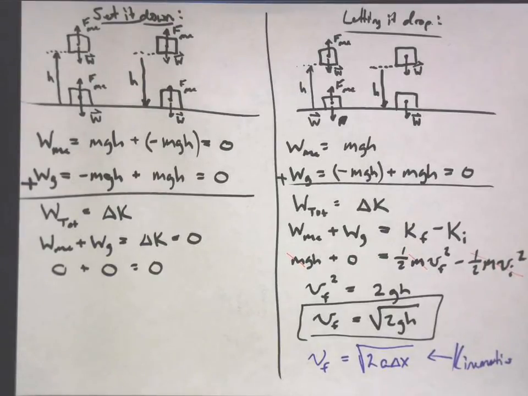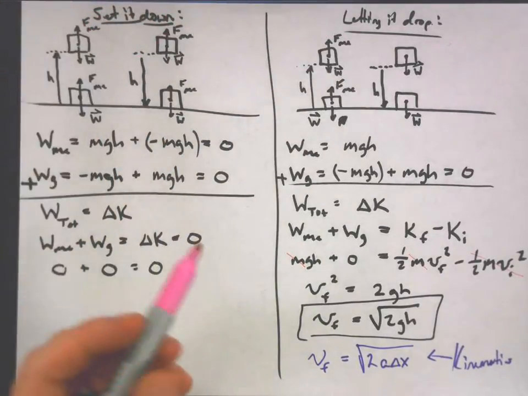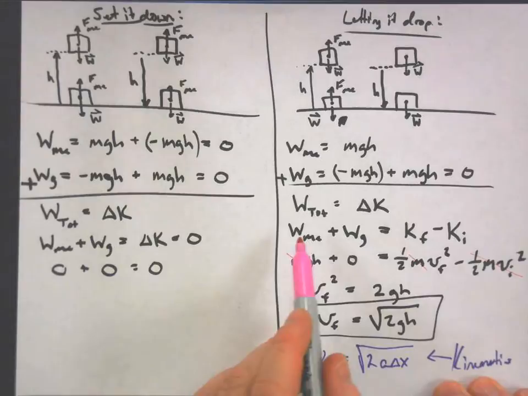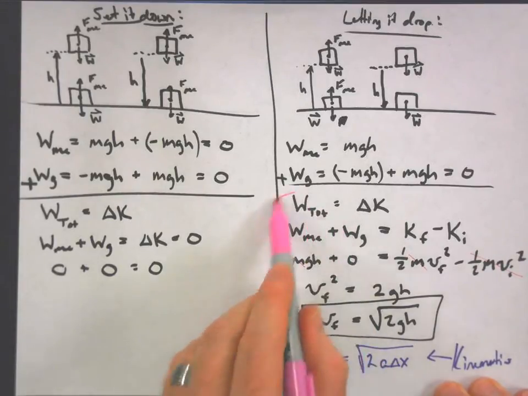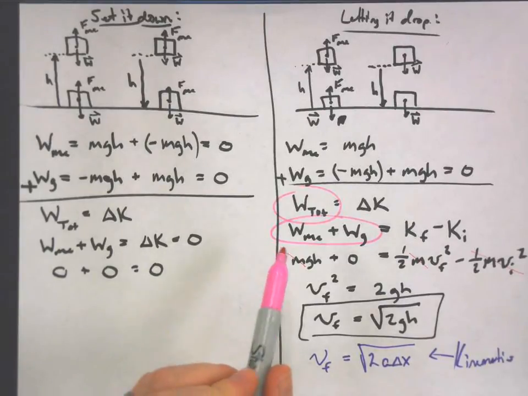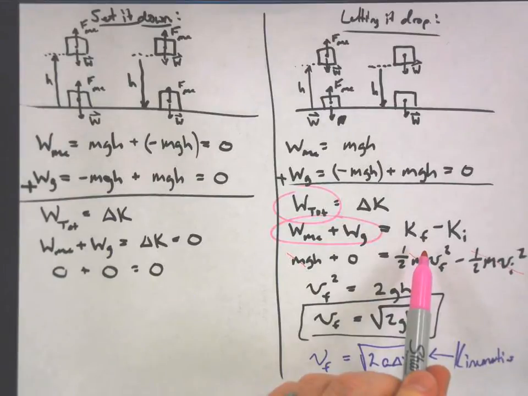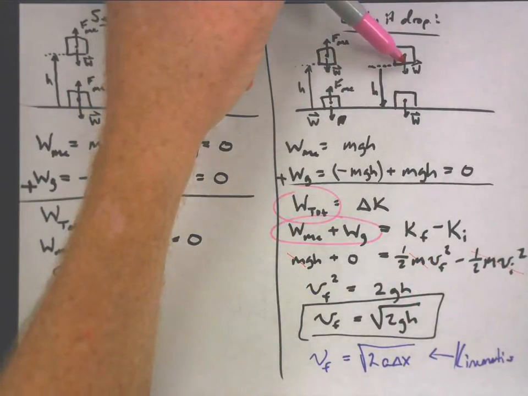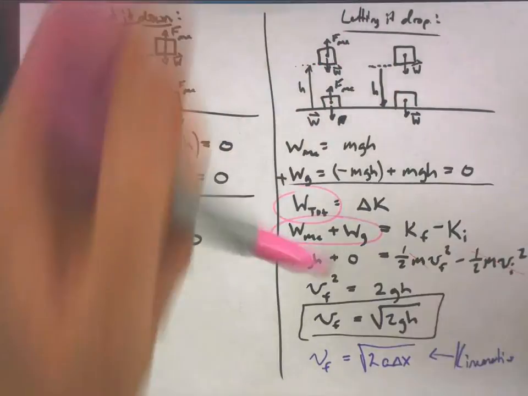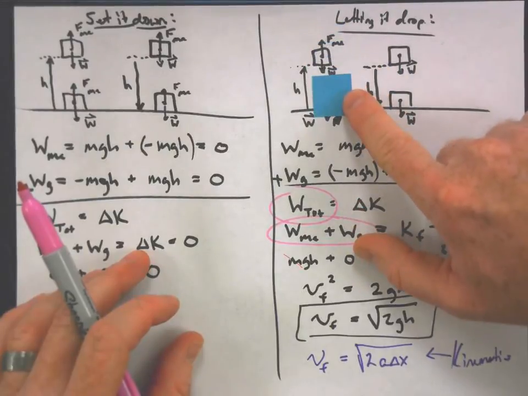Now, what is really happening here? In this situation, when we let it drop, the total work done, which is really the work done by me plus the work done by gravity, is non-zero, which meant that there had to be a change in kinetic energy. When we look at the situation from top to bottom, remember, we are starting at the bottom, going up, and then ending at the bottom.